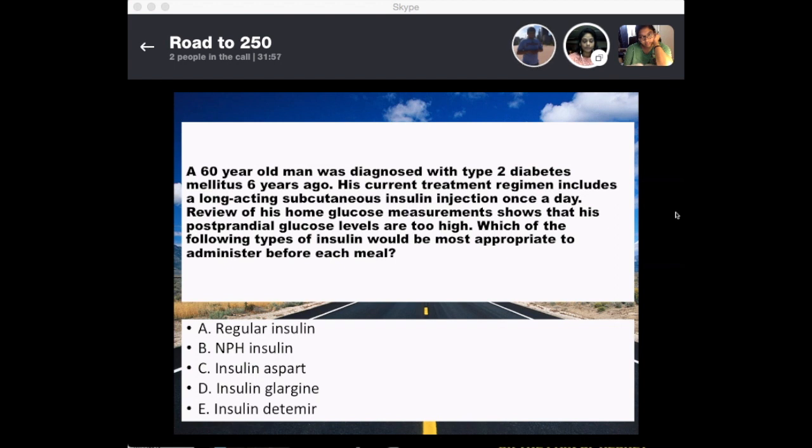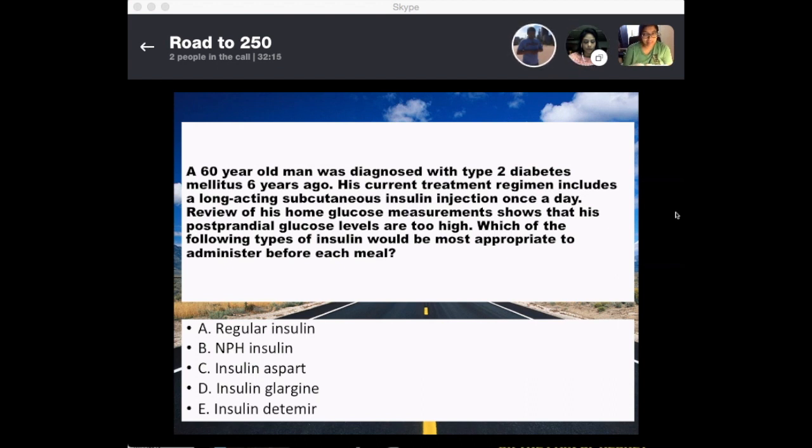B, D, and E are long-acting or longer, so you don't want those because he's already on that. NPH is intermediate, so that's not going to be useful here either, and it's given twice a day, so you don't want that.